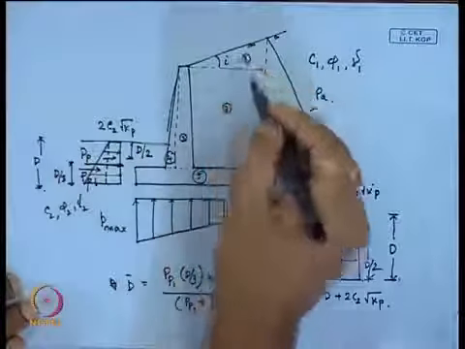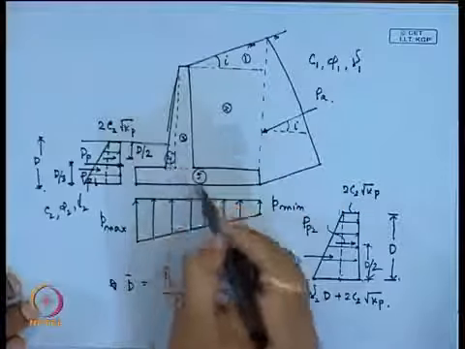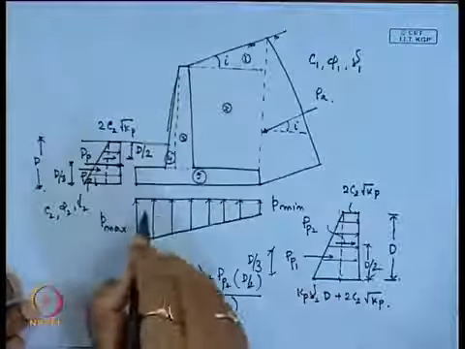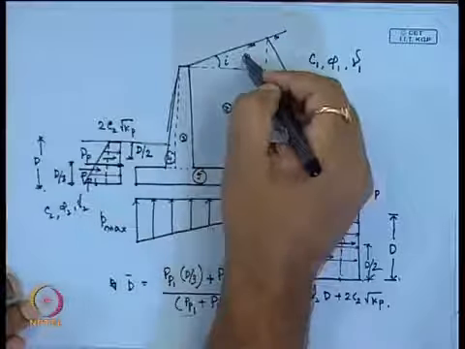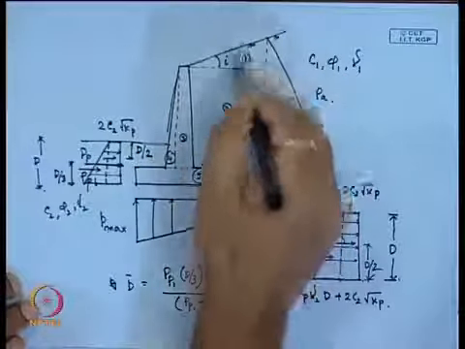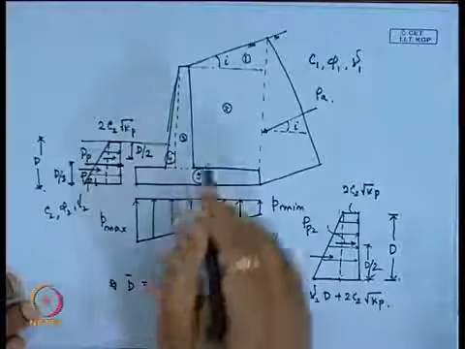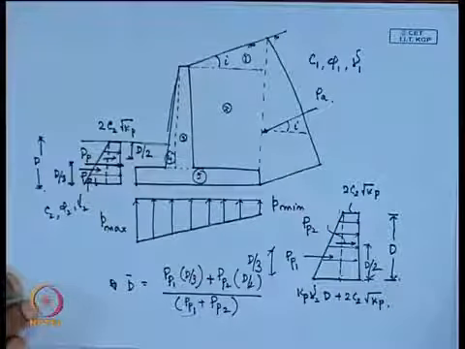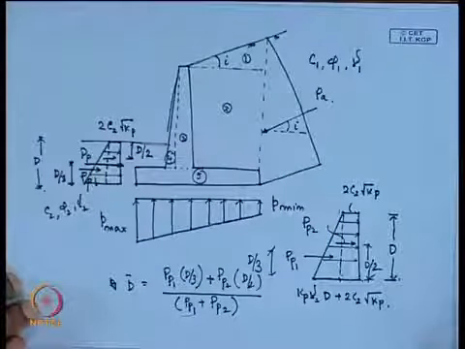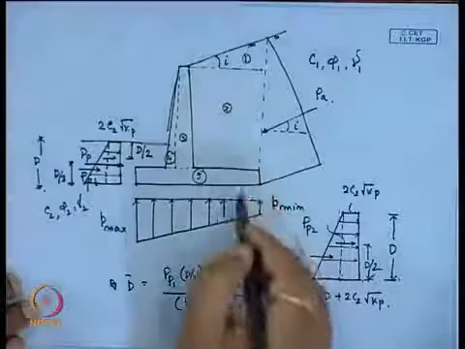We can divide all these sections and separately determine the weight of every section, and then finally we can determine the factor of safety against sliding, overturning, bearing capacity and all those things.